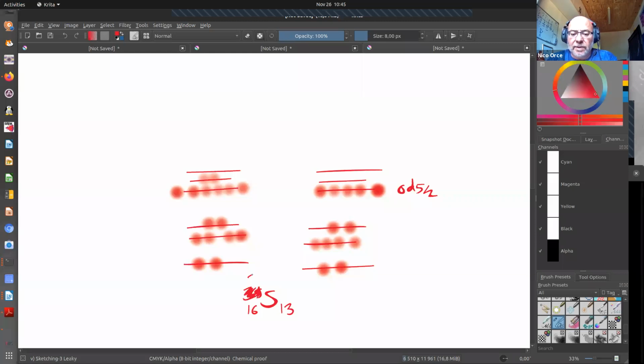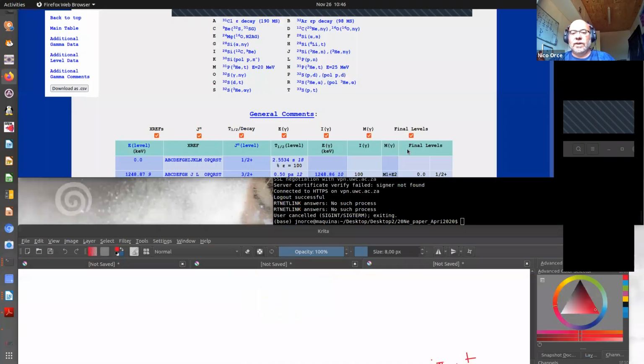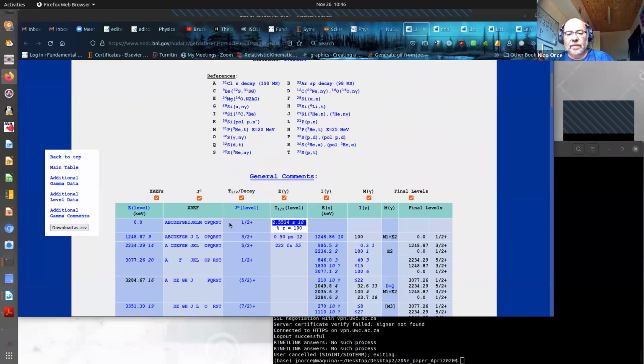So this will be 13, 14, 15, right? So 1, 2, 3, 4, 5, 6, another 6 here. We fill it up, and then we have the odd particle here in the 1s 1/2. And that is a J pi equal 1/2 plus, which is what we see for sulfur-31, right? 1/2 plus.